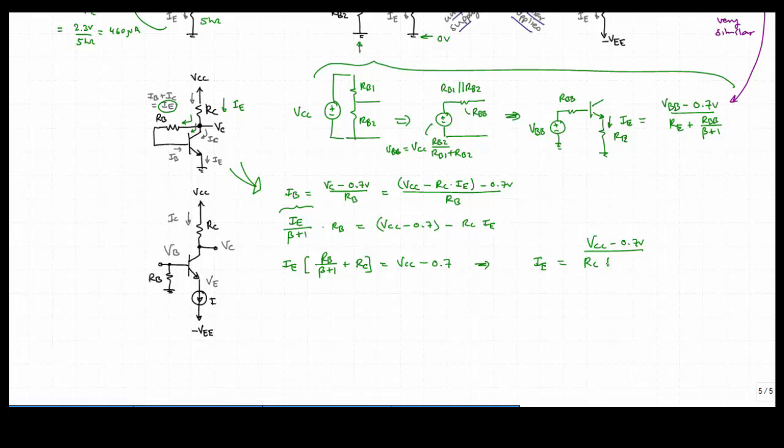RC plus the base resistor reflected to the emitter. And you might think, well, wait a minute, how is it reflected to the emitter? Is it not reflected to the collector? Well, it's the emitter because the current that is going through RC, again, is emitter current.